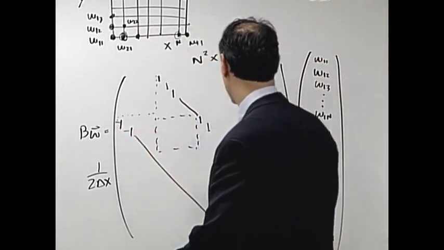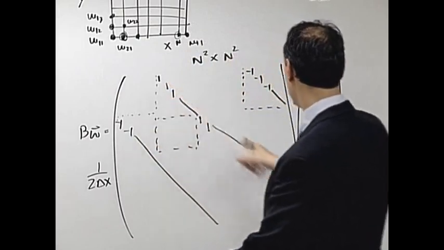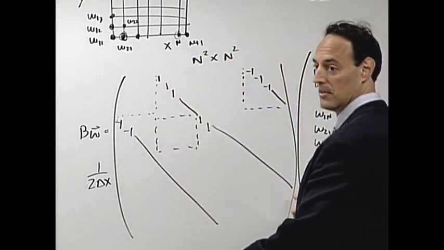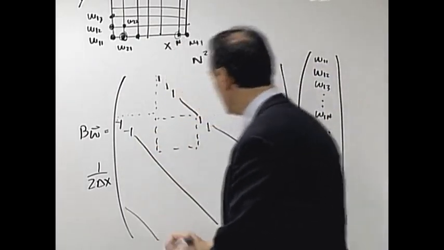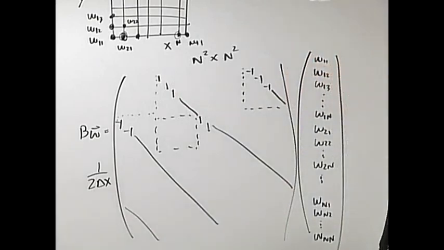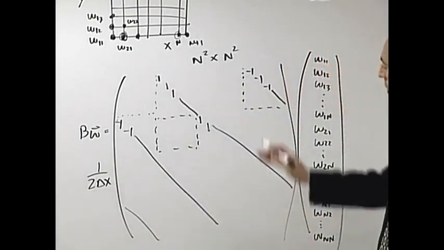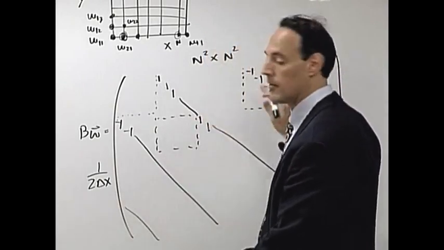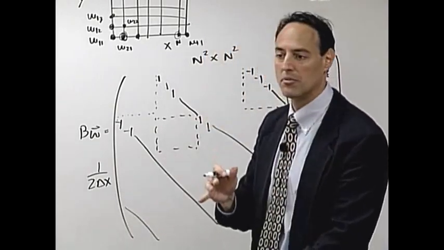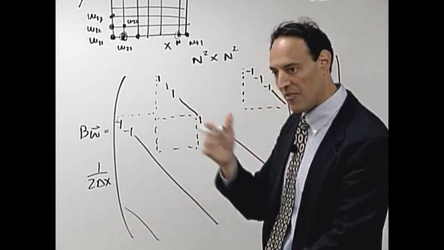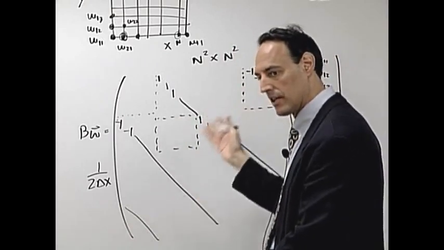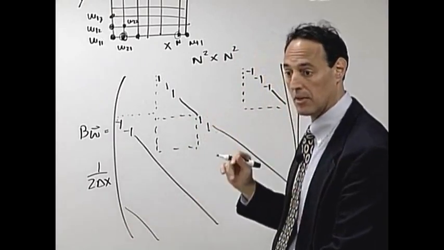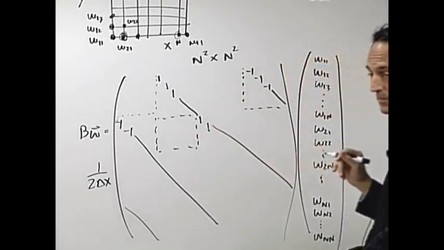And all of a sudden you see there's this pattern. And by the way, when this hits the edge here, where do you think it goes? 4 diagonals. 1, negative 1, 1, negative 1. Everything else is 0 in this matrix. That takes an x derivative for you, the way we have the data arranged.